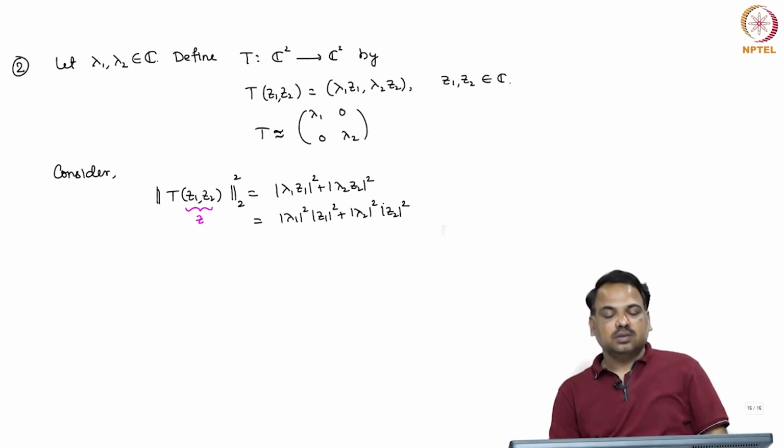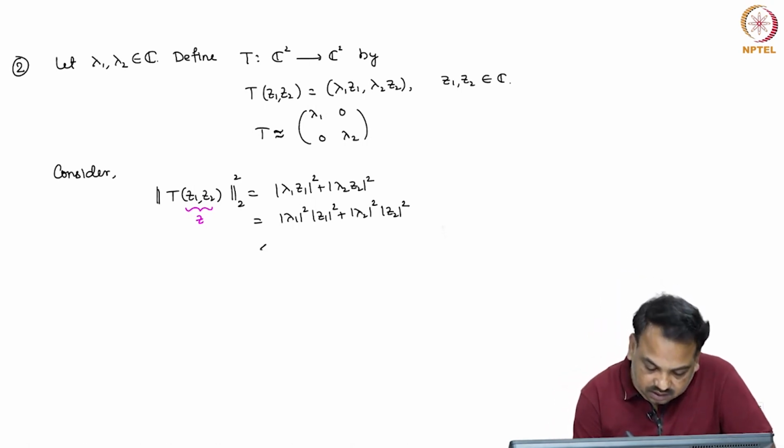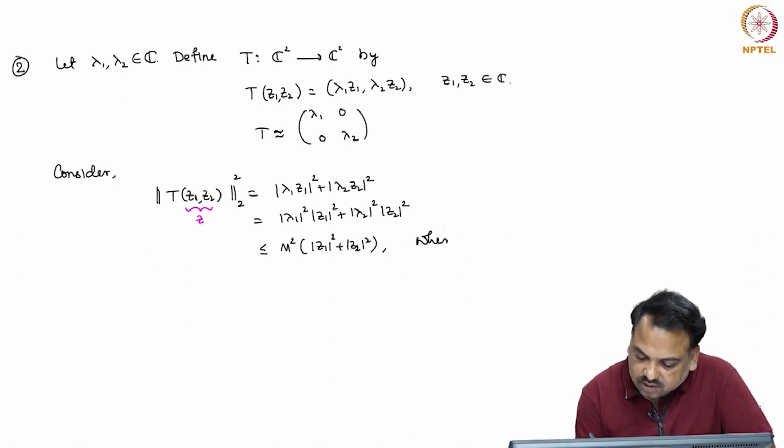Now if you take a number which is the maximum of mod lambda 1 and mod lambda 2, we can say that this is less than or equal to m squared into mod z1 squared plus mod z2 squared, where m is nothing but the maximum of these two numbers, mod lambda 1 and mod lambda 2.